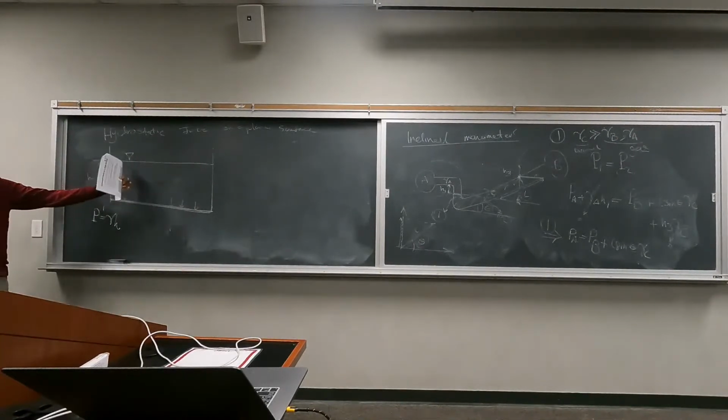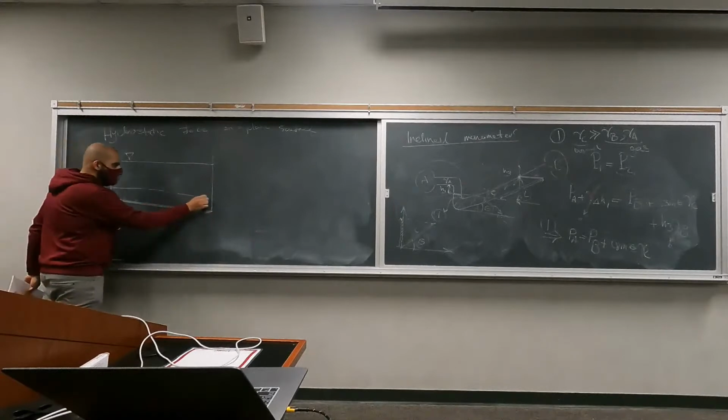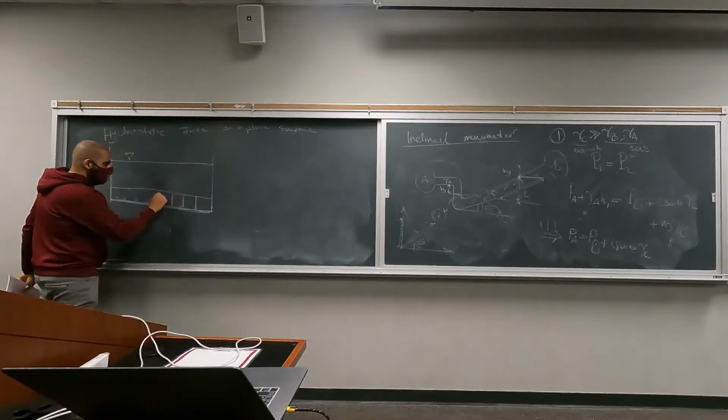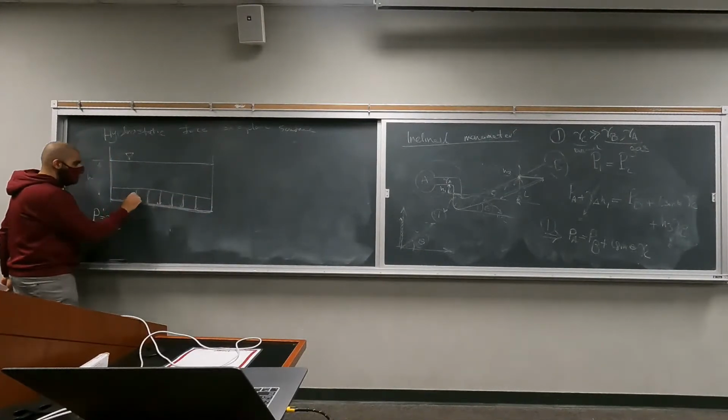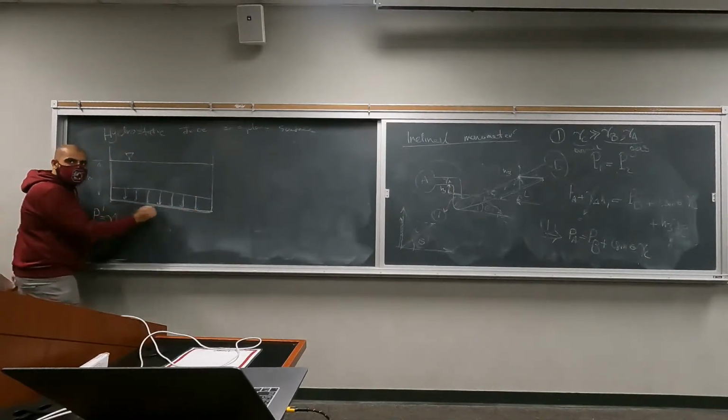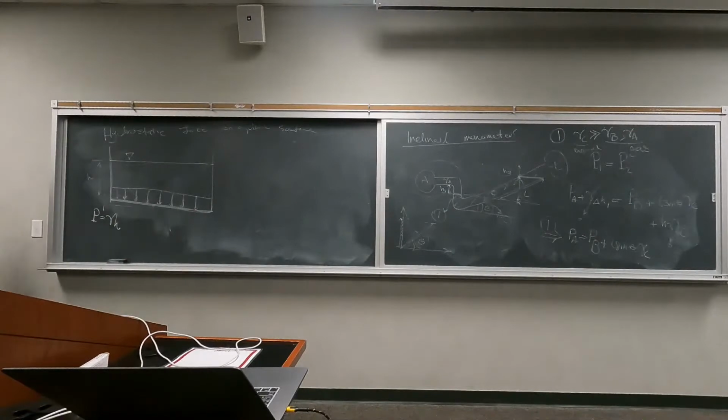Gamma of whatever liquid that is, multiplied by the height. And it has a uniform distribution. It is uniformly distributed because the assumption here is that the height of the bottom surface doesn't change at all. So how can we find the force that this liquid is exerting on the bottom surface?